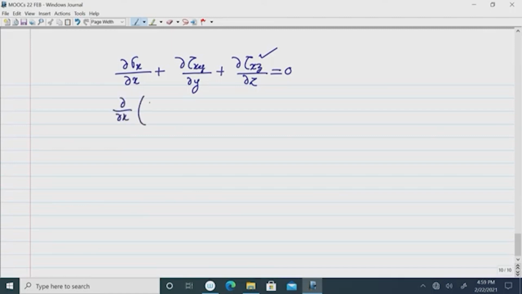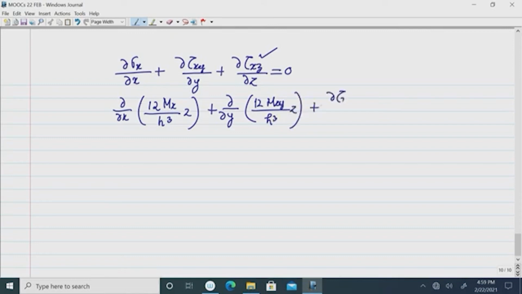Sigma x we found as 12 m x by h cube into z. Then here we found tau xy as 12 m xy by h cube into z. This quantity remains as it is.